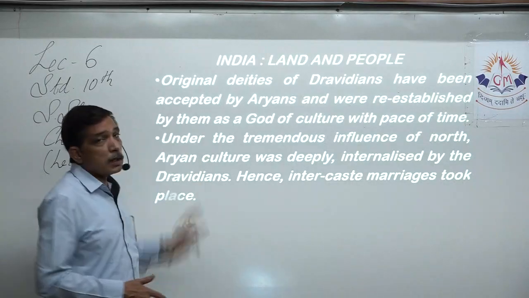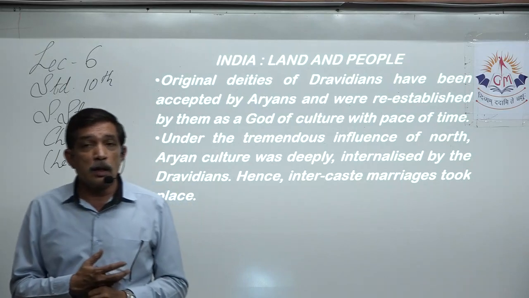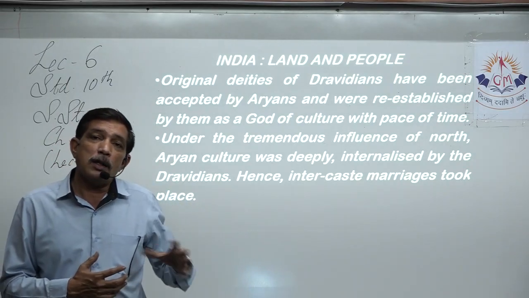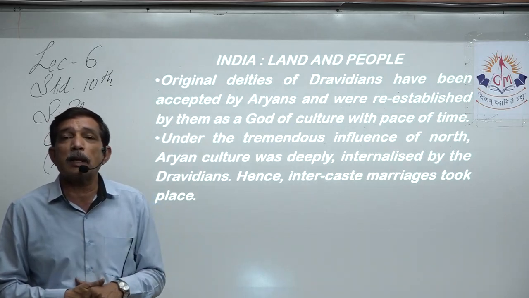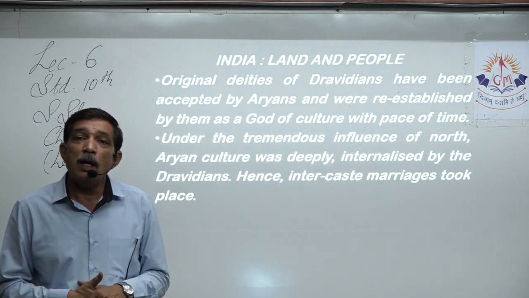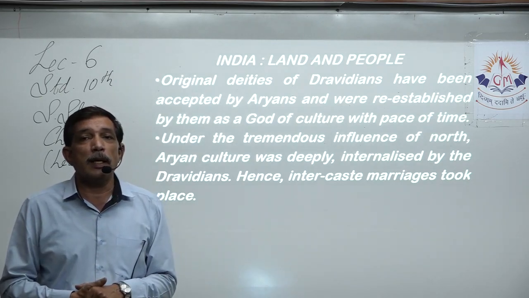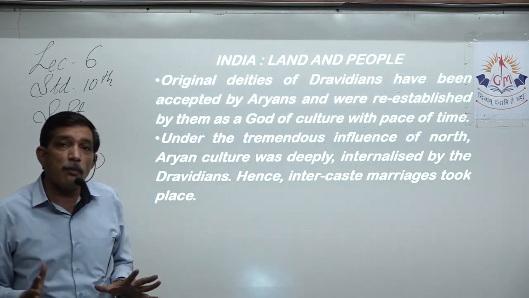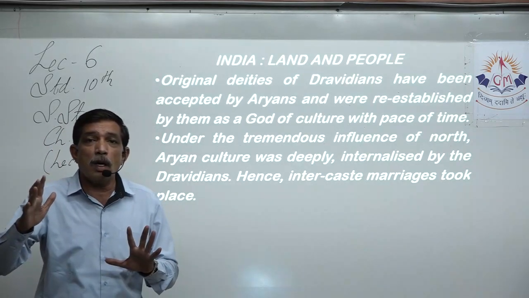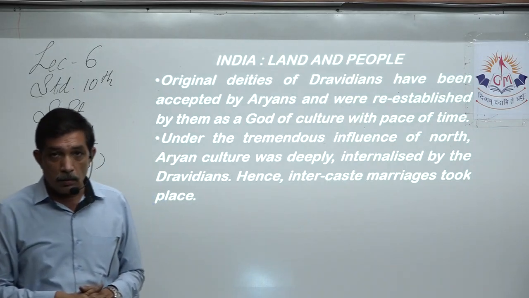So, when they came, they mingled and mixed up with the Dravidian population, where the Aryans were more in number because the influx of the migrants kept on increasing, and more Aryans started migrating into India. Yes, the Dravidians, who were quite huge in number, were quite small now in comparison with the Aryans, right?